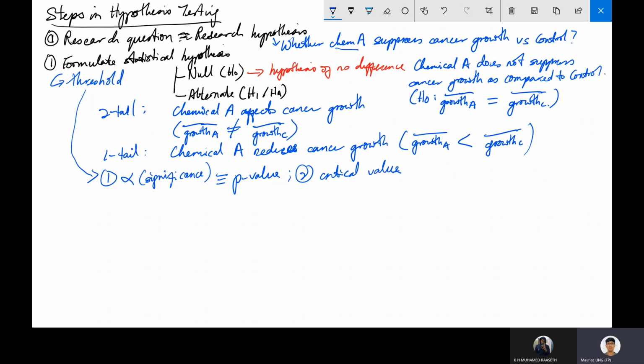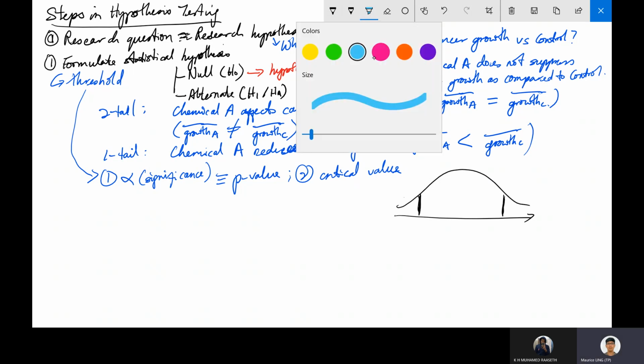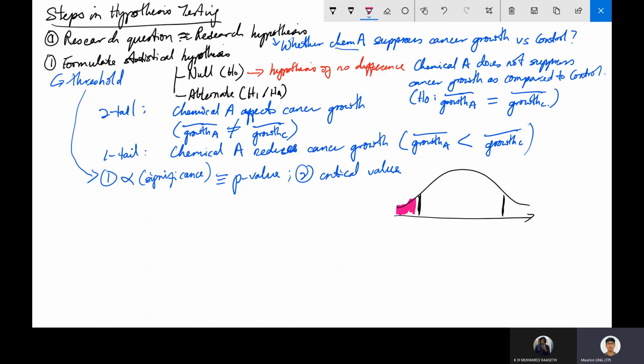So what is the difference between these two? If you look at the area under the curve, so let's say, for example, you have this, the shaded region.